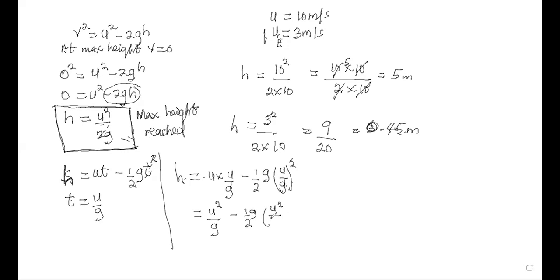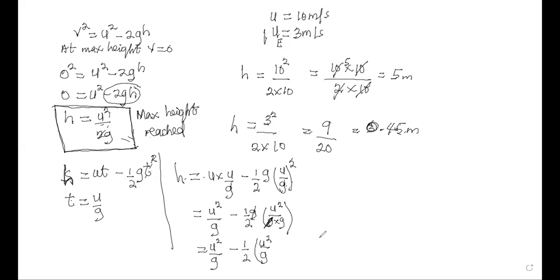By G squared, I mean G times G. This G would cancel one of them. So finally we have U squared over G minus half times U squared over G.